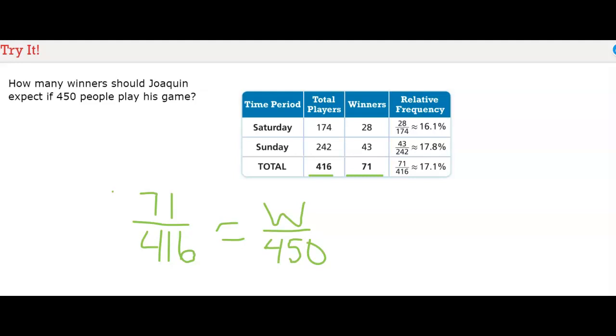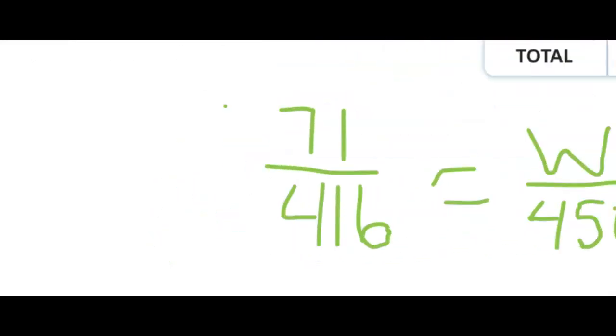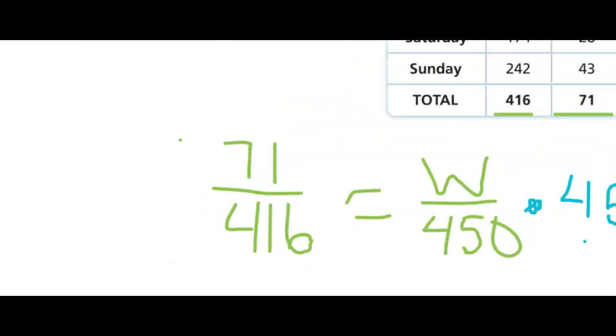We're going to do the same steps and solve for W. We do the inverse of division and multiply by 450 on both sides of the equation.